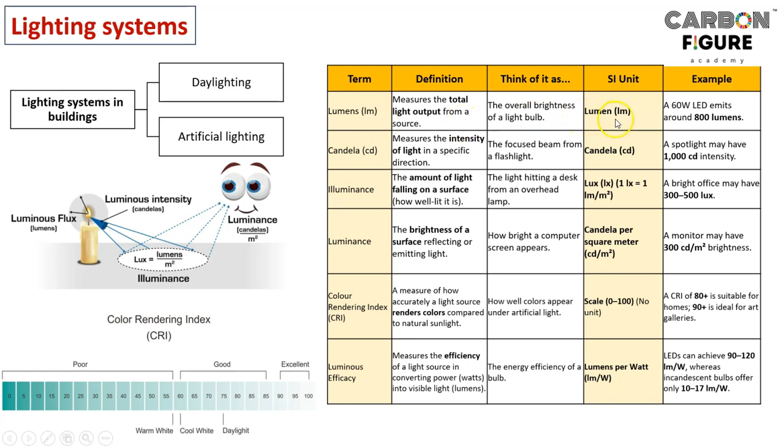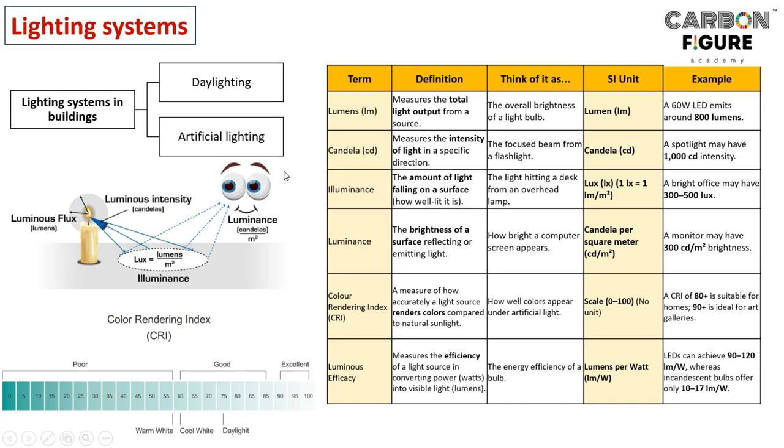Lumens is measured in lumen, lm. A 60 watt LED emits around 800 lumens. So based on the power, we will have the intensity, right? Total light output, right? Candela, in the sense, measures the intensity of light in a specific direction.